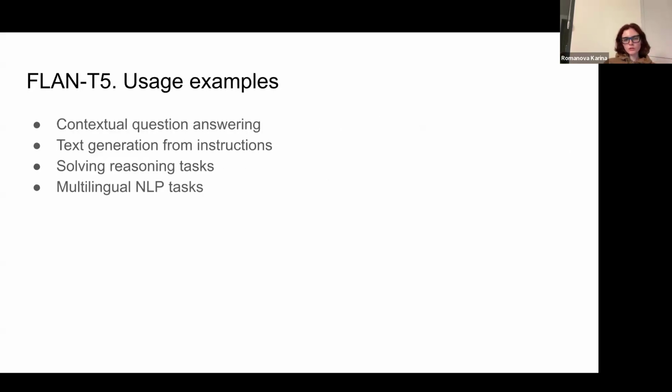But in short, it is just following detailed instructions, in the same way as chain of thought prompting, it can follow detailed instructions in its prompt after pre-training.